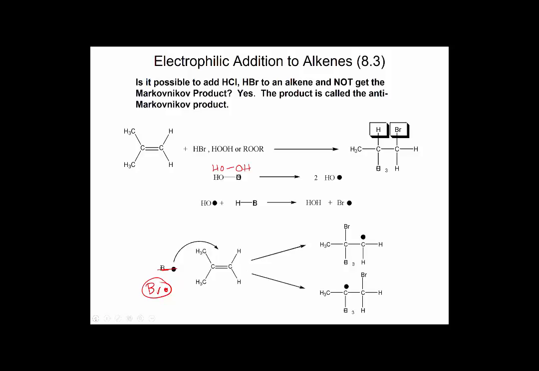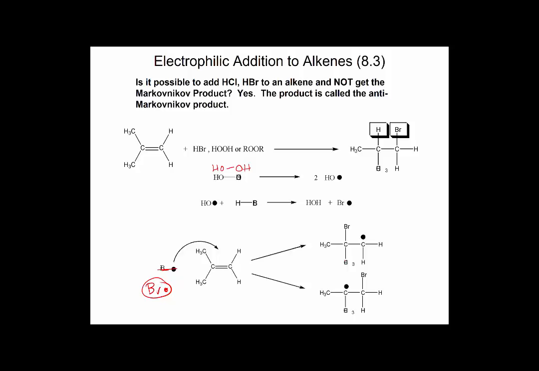It's this one. So it goes through the radical intermediate. Radical intermediate means sp2 hybridized intermediate, which means that it always adds 50-50. Carbocation, radical intermediates, always 50-50.